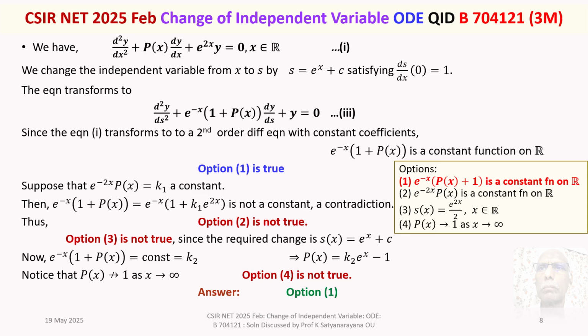For that, systematically transform the equation and take the condition that it is transformed into a differential equation with constant coefficients. Then you get the substitution as s(x) is e^x plus c. That is the logical way of getting it.